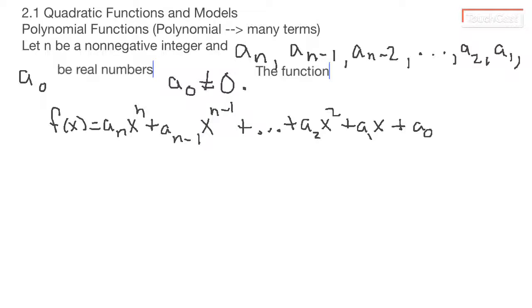What we can say about that is that it is a polynomial function.